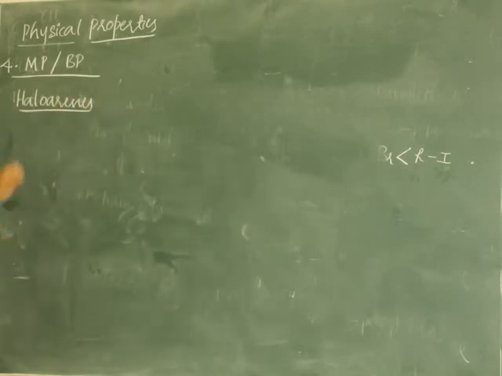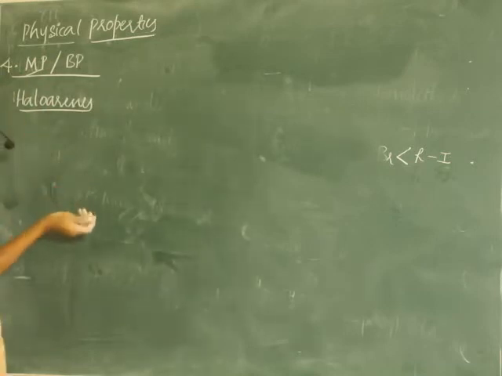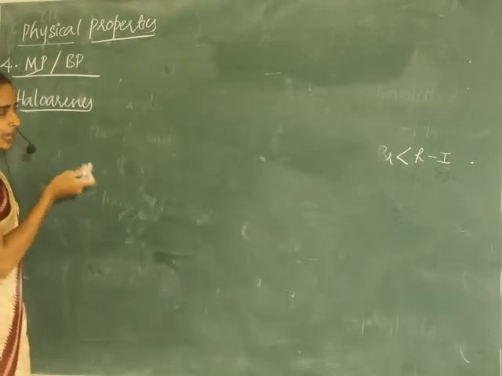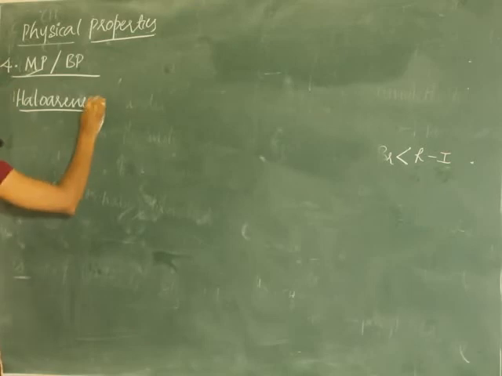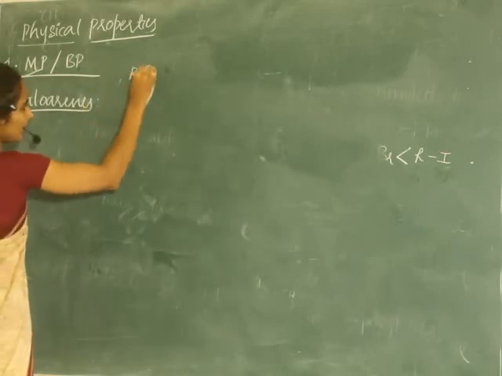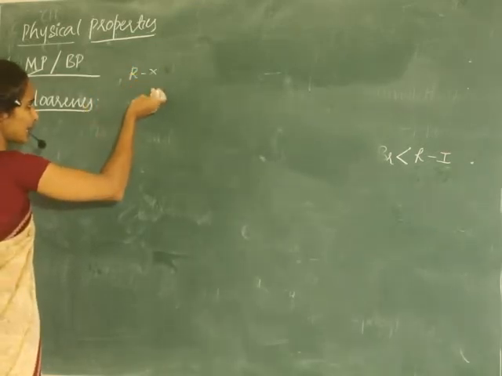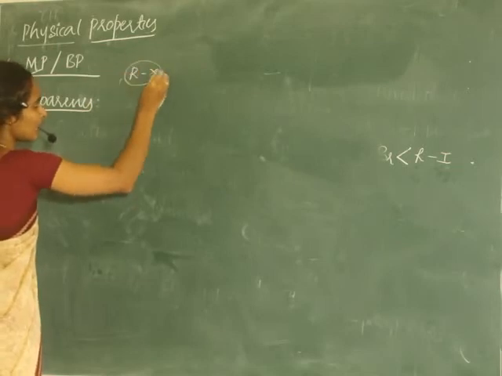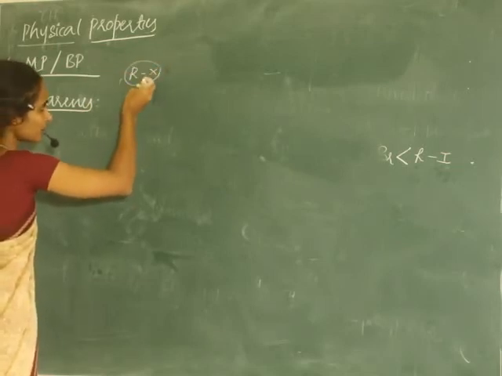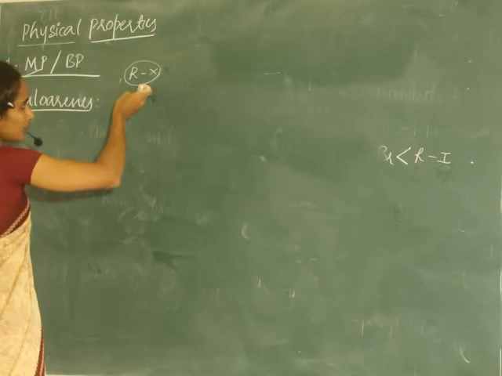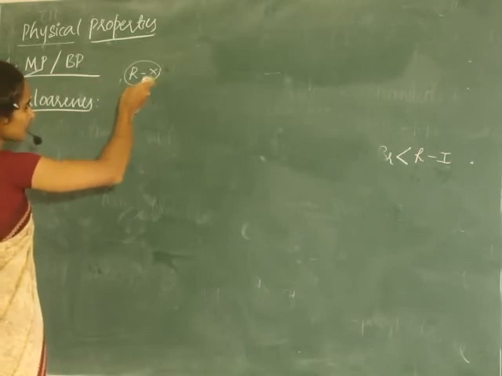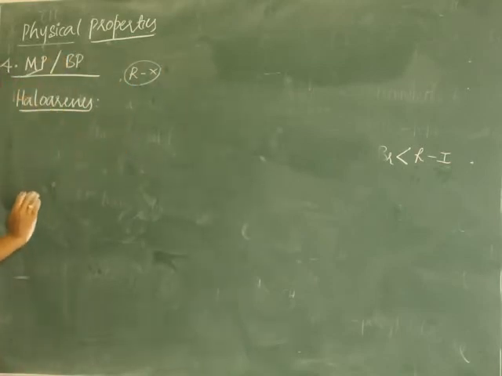See, melting point is mainly dependent upon the crystal lattice, how closely packed the alkyl halide or aryl halide is in the crystal lattice. That will depend on the melting point.